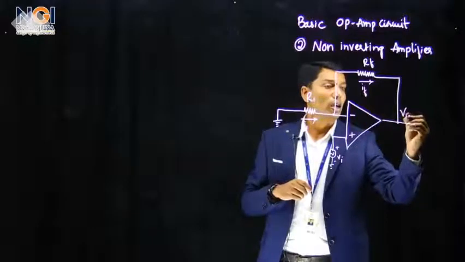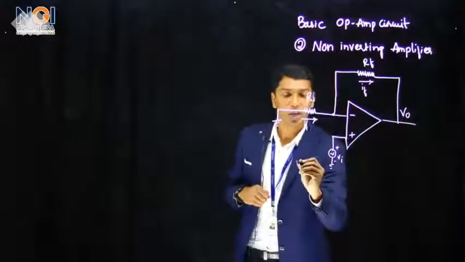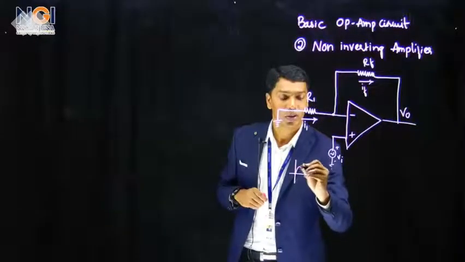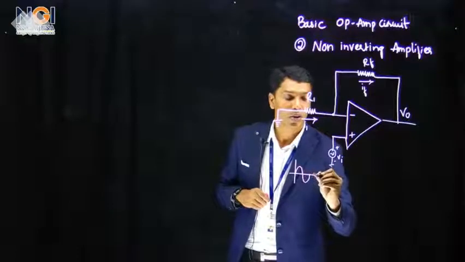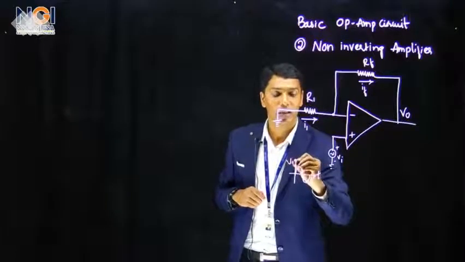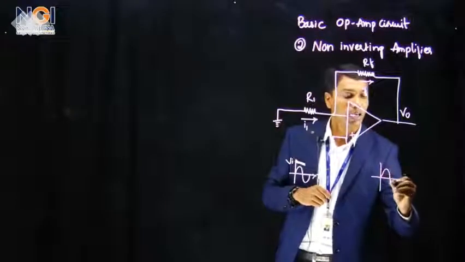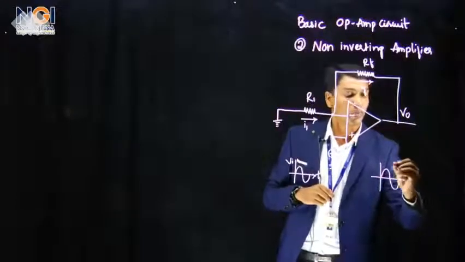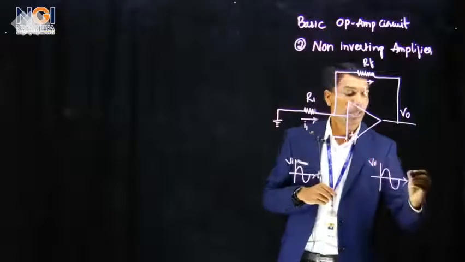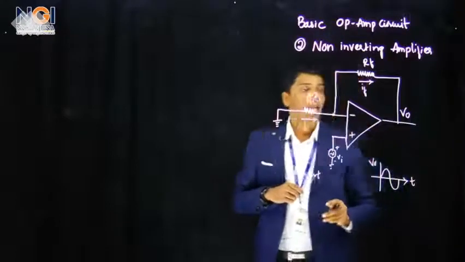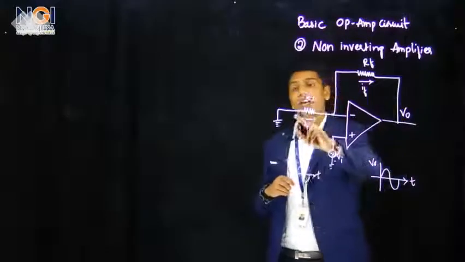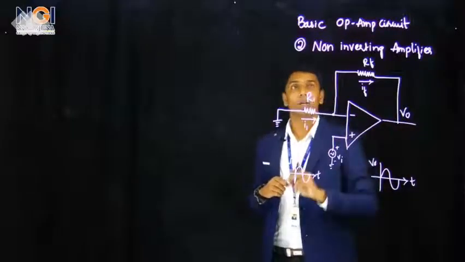V out is the output. So the input supply is V in, and the output is in phase with respect to the input.